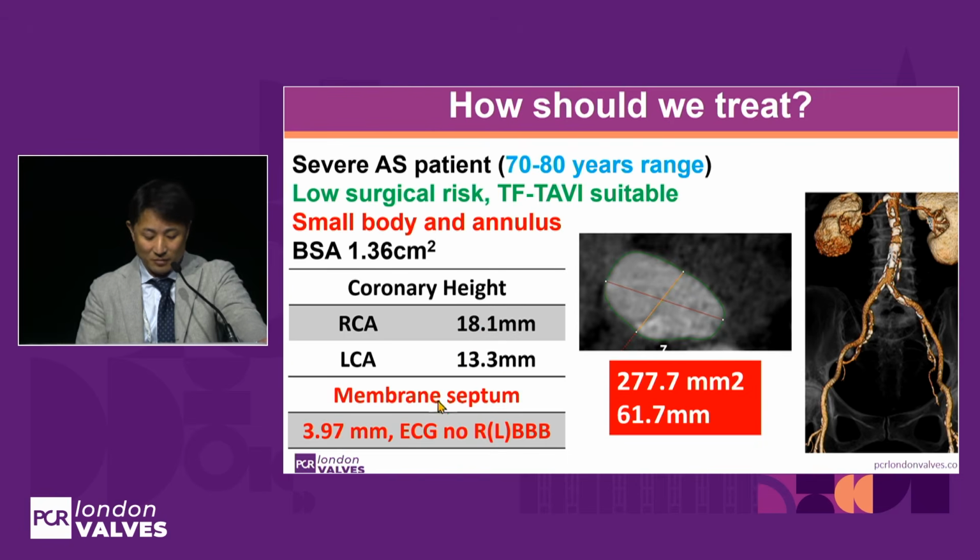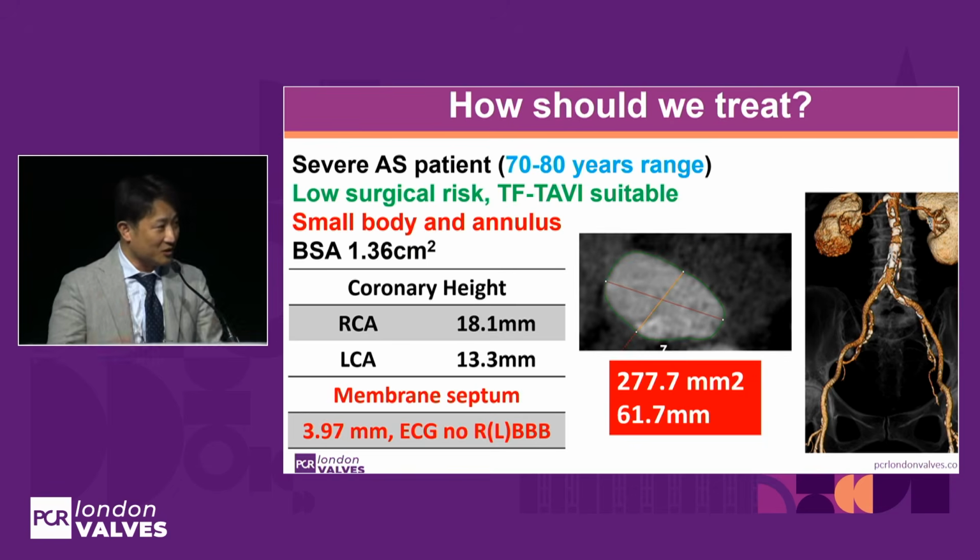The membranous septum calculated by CT is 3.9, and the electrocardiogram before the procedure showed no right or left bundle branch block. But the body characteristics are very small, body surface area 1.3, and annulus area is 277.